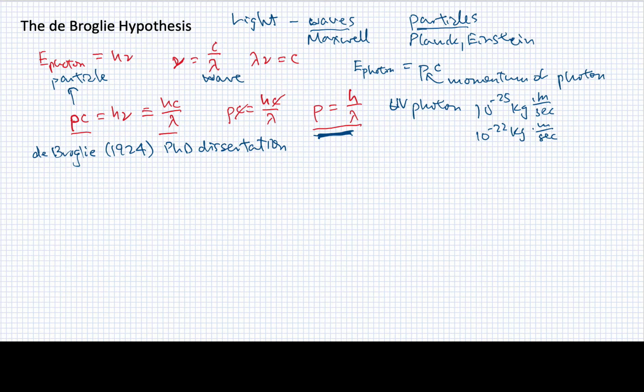So in other words, he hypothesized that we could relate the momentum of a piece of matter, a particle, as h over lambda, or in other words, we could define a wavelength for a piece of matter as Planck's constant divided by its momentum. And this was the de Broglie hypothesis.